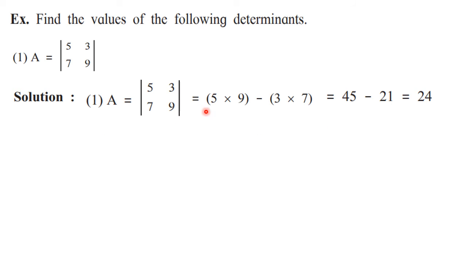So such questions will come for 1 mark. Even such questions can be asked in MCQ, where they will give you the determinant and 4 different values, and from that you have to find the correct value of the determinant. Or sometimes one number from these 4 numbers will be unknown. Like they will say 5, 3, K and 9.